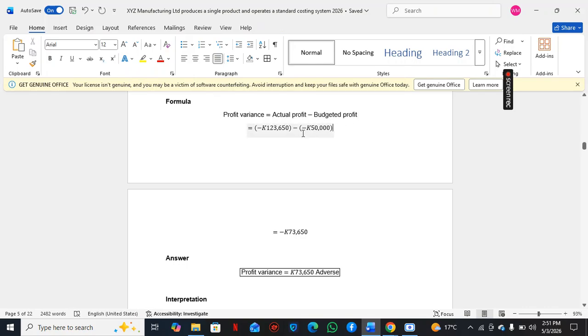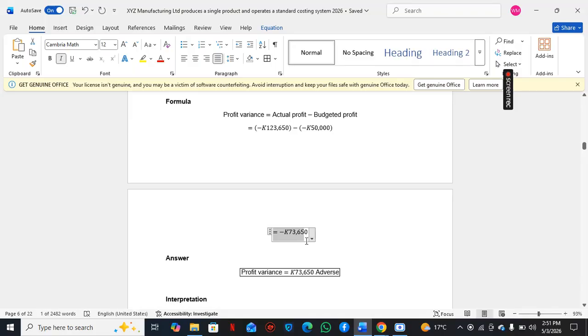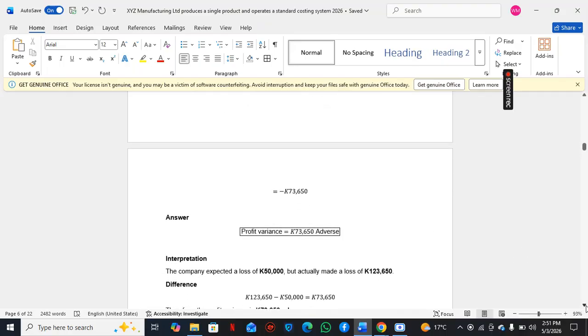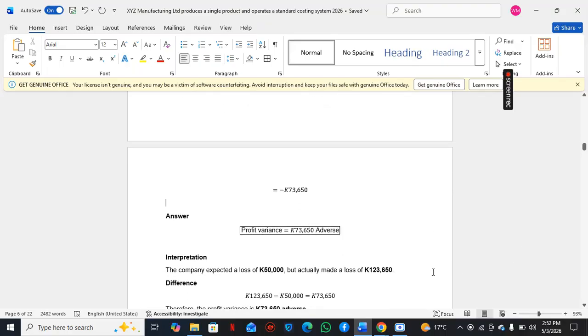So our actual profit here, negative 123,650, minus our budgeted profit of negative 50,000, gives us negative 76,650. So in simple terms, we did worse by 76,650.